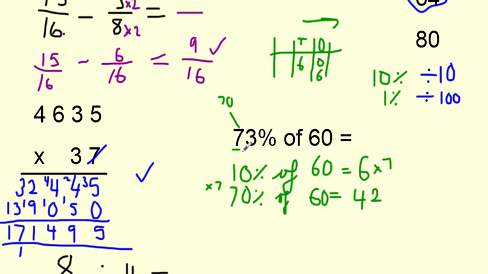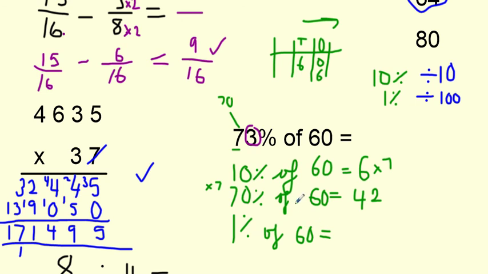Now that just leaves me to think about the 3%, but I know how to find 1%. So if we think about 1% now, so 1% of 60, how do I find 1%? We know, don't we, to find 1% we are dividing by 100.